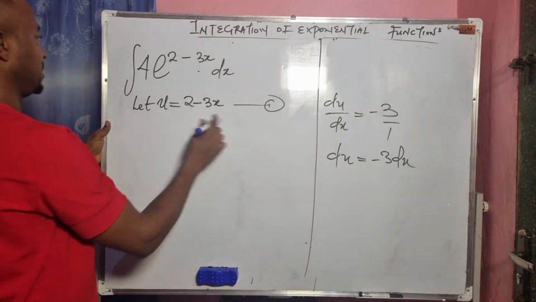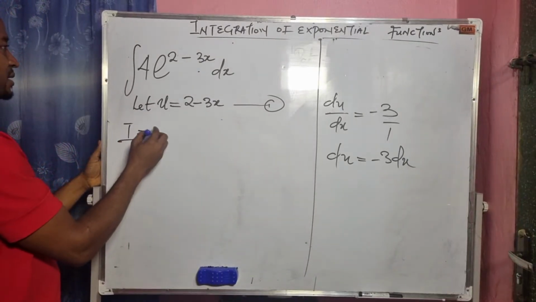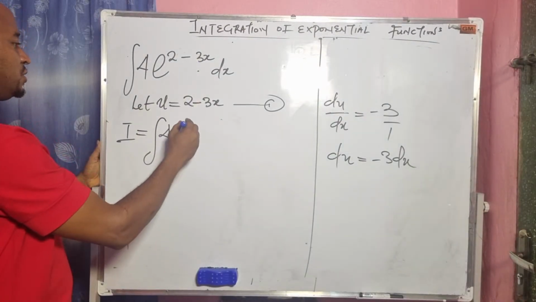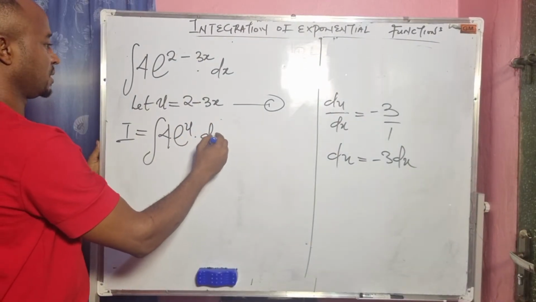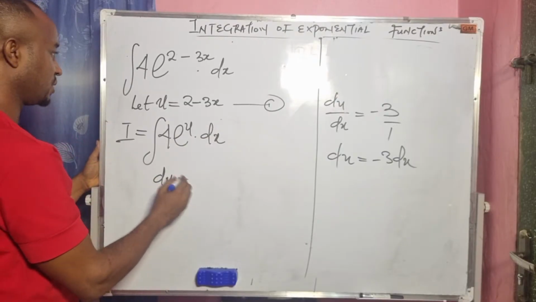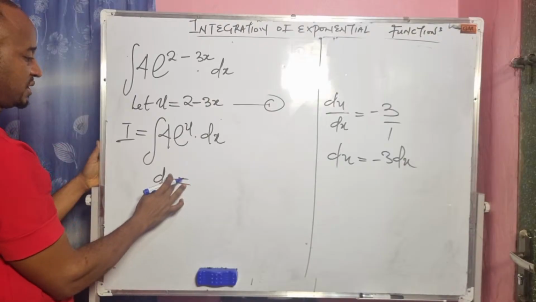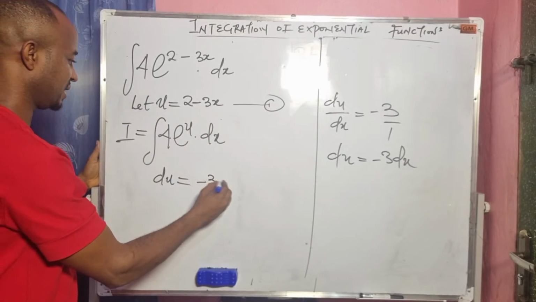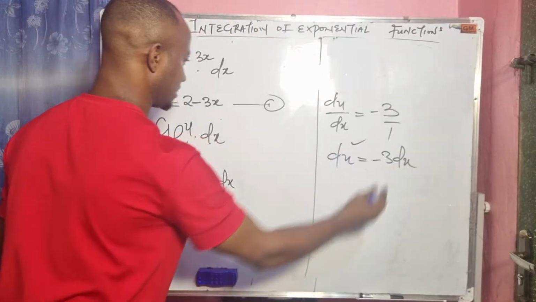If u equals this, that implies that our I equals the integral of 4e^u dx. Then differentiating u with respect to x will give us du equals minus 3 dx, from what I just expressed.